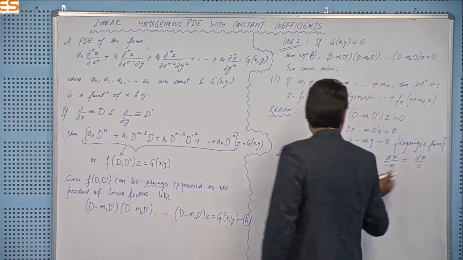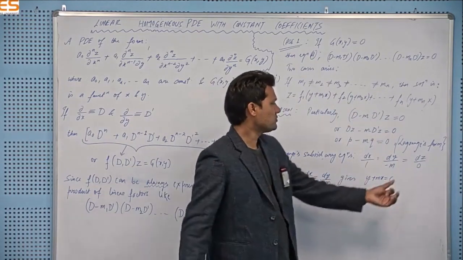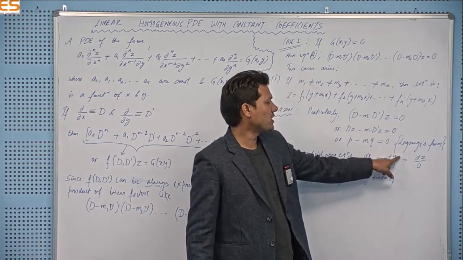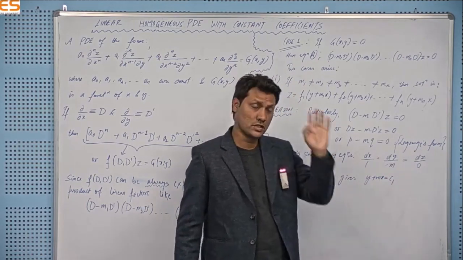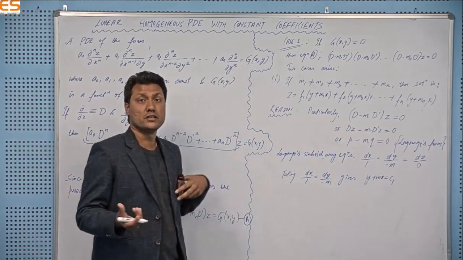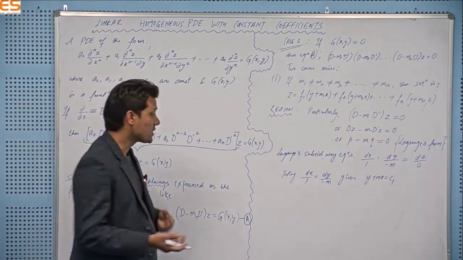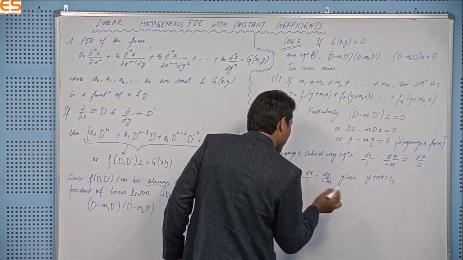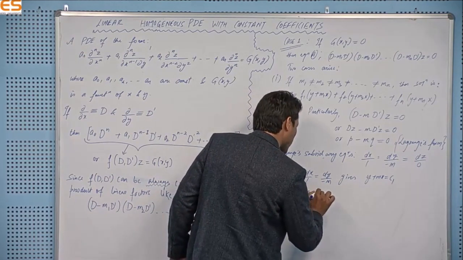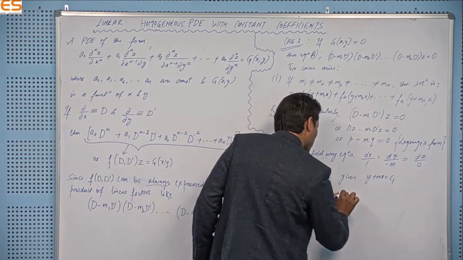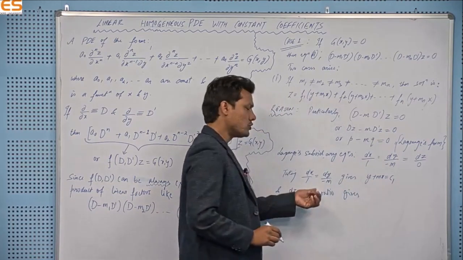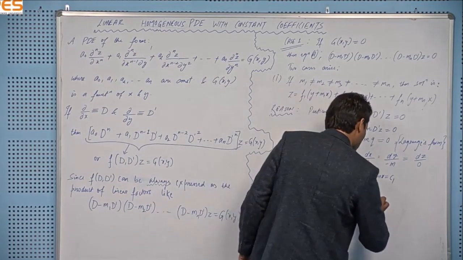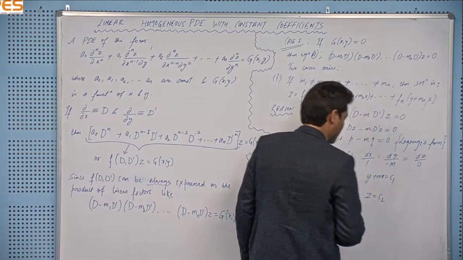And similarly, taking any two ratios, means the third ratio combined with the second ratio, the 0 ultimately gets multiplied here, then I will get dz equal to 0. Remember the case when the 0 appears in the denominator over some dx, dy over dz. So in that case, dz over 0 equal to any ratio, take any ratio, gives dz equal to 0, because 0 gets multiplied here, and dz equal to 0 means on integration I will get z equal to c2, right?